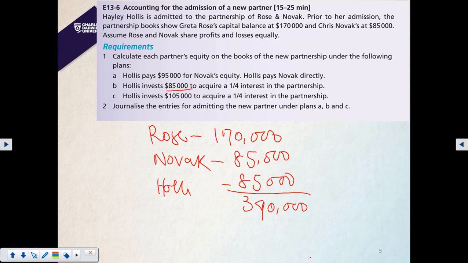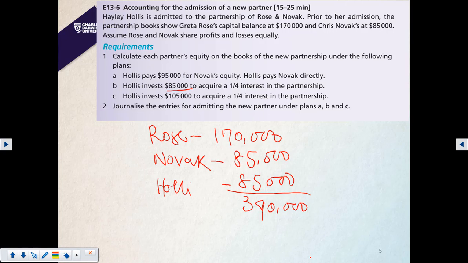$340,000. And the business is saying Holly will get 1/4 of the total investment in the business, right? How much is the 1/4 of $340,000? Do you know how to calculate, right?